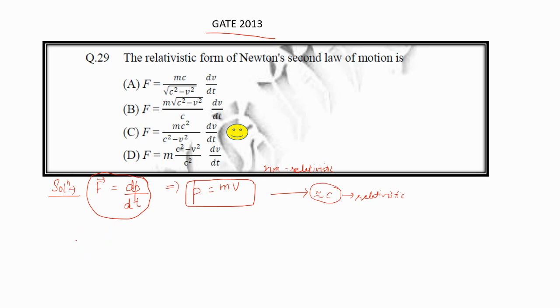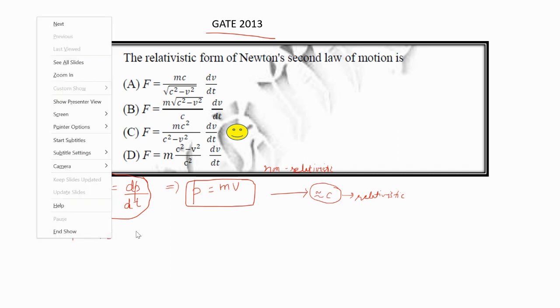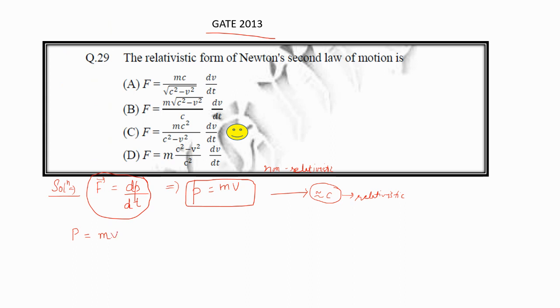To find out force, first you will see momentum. Momentum is equal to m, sorry, rest mass into v. This is the classical case.